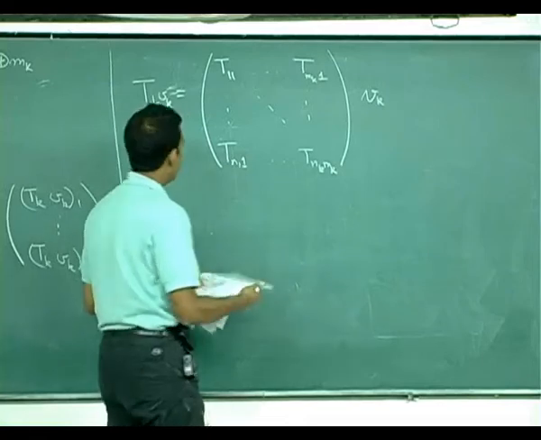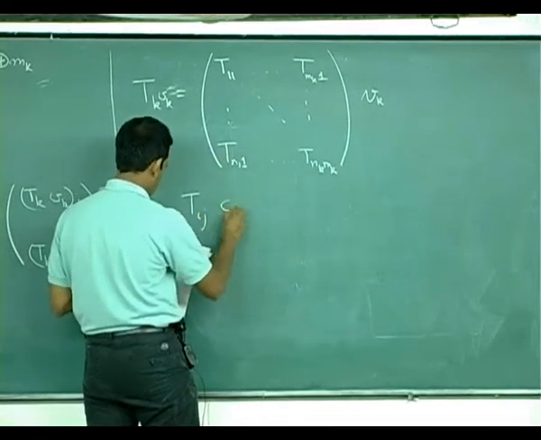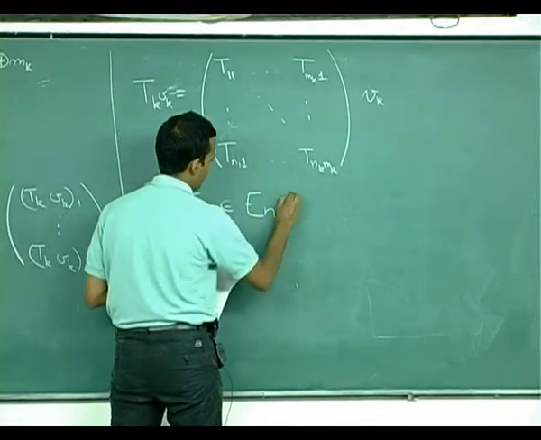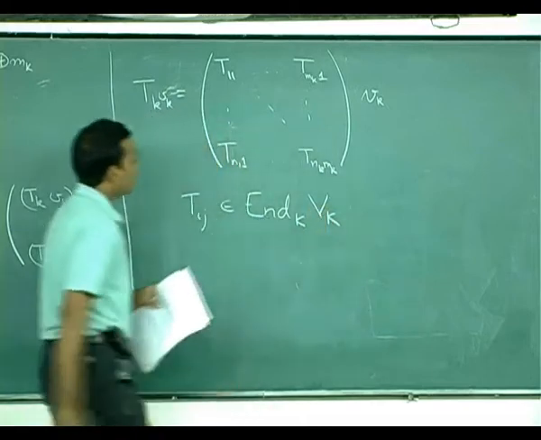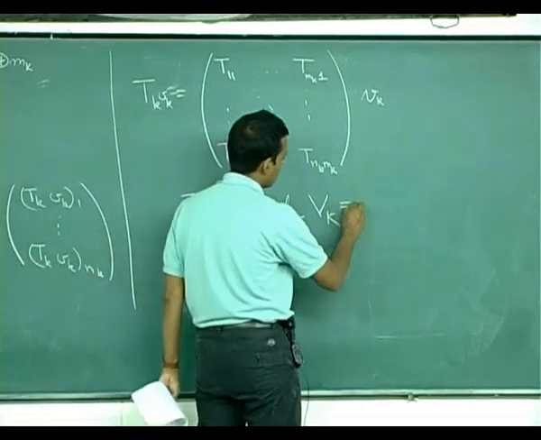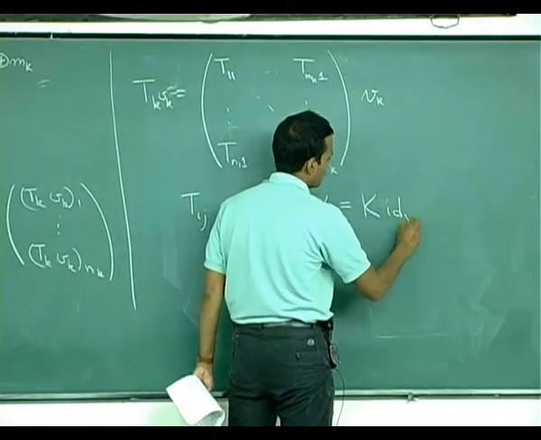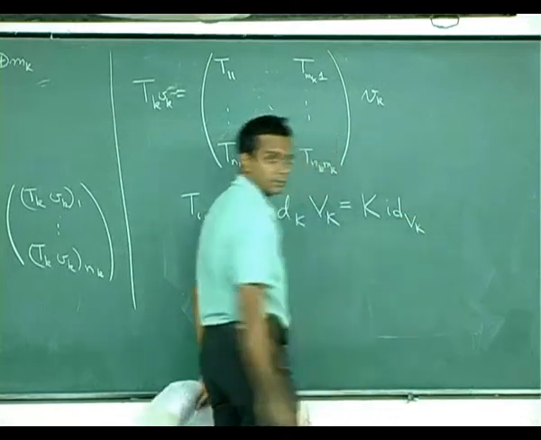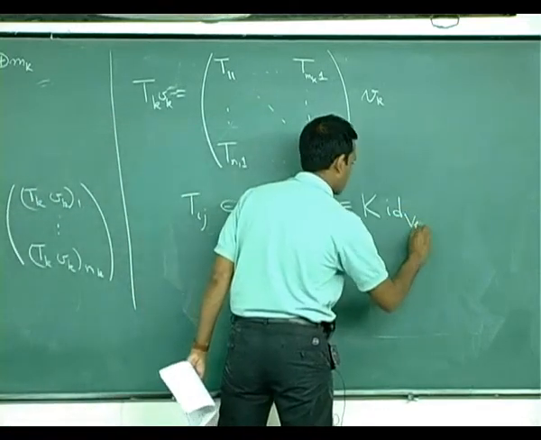So each entry of this matrix, Tij, belongs to End_R(Vk). Now if the field k is algebraically closed, then we know that this is k times the identity of Vk. So sorry, this is small k.